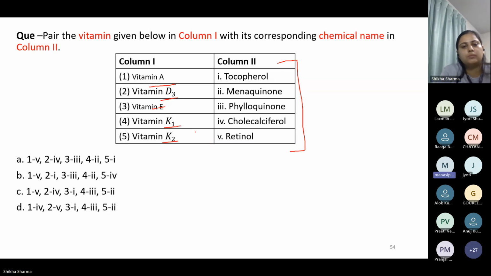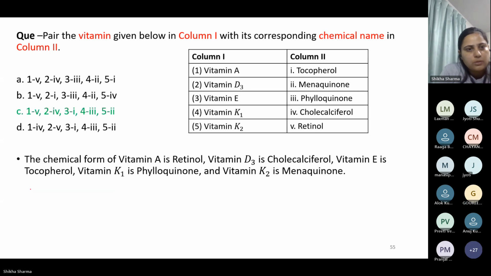Option C, ma'am. So everyone is correct that vitamin A is known as retinol. Vitamin D3 is known as cholecalciferol, right?